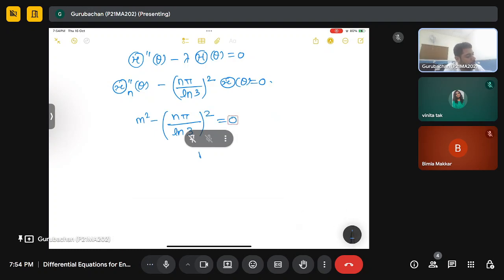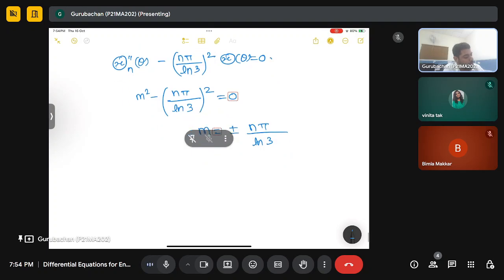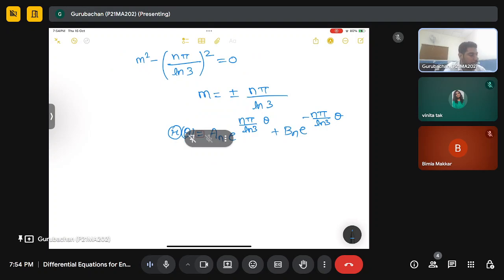From here we'll get your m to be plus minus n pi by ln 3, and your theta(theta) here will be a_n e to the power n pi theta by ln 3 plus b_n e to the power minus n pi theta by ln 3. So it's not a Cauchy-Euler equation, that is why we are able to write in exponential form. So we have given a condition over u.